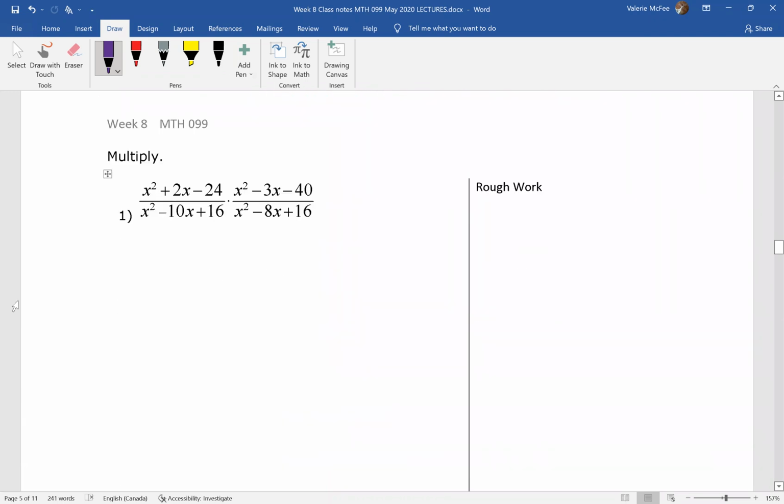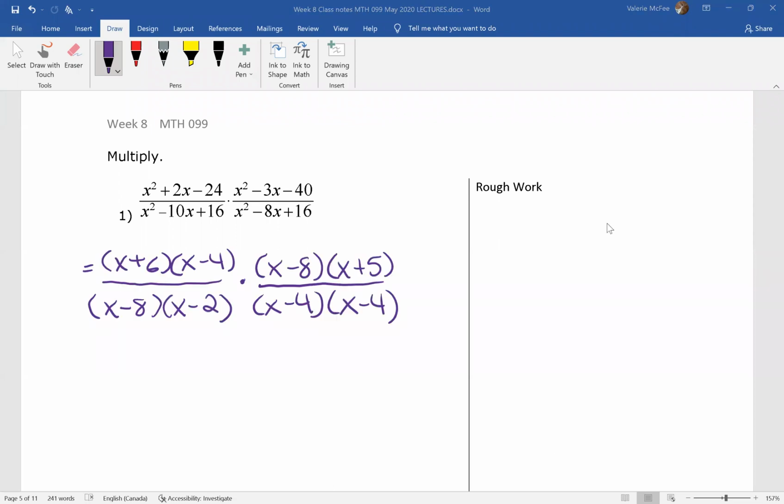So if you've printed these notes like I've asked you to, you have space to do your rough work. Why don't you pause your video? Factor the numerators and the denominators, divide out the common factors, and write this expression in simplest form. So we've factored everything. We see that x minus 8 can be divided out.